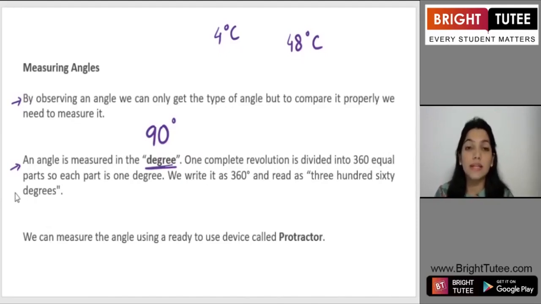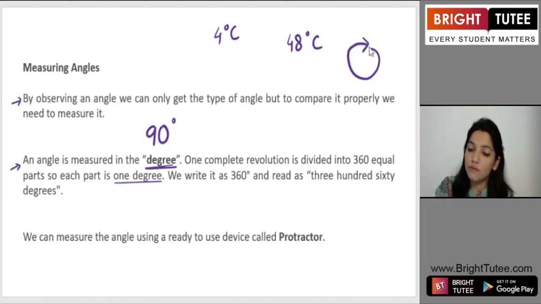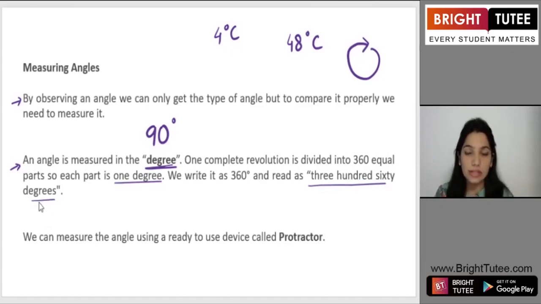As we have said, one complete revolution measures 360. The measure of each part is 1 degree. So 1 degree, 2 degrees, 3 degrees, 4 degrees, and so on. When we are done with 360 degrees, we complete one whole revolution. So one complete circle measures 360 degrees in angle. And we read this as 360 degrees. I hope this is clear.